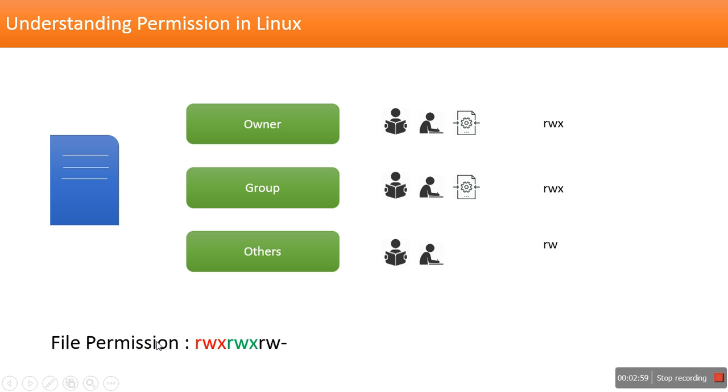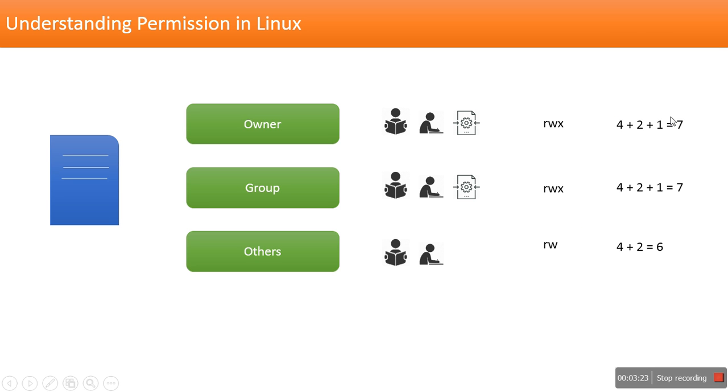This is one notation, and you can use the ls command if you want to see the permission for any file. Now what about numeric notation? We have seen that for read we have 4, for write we have 2, and for execute we have 1.